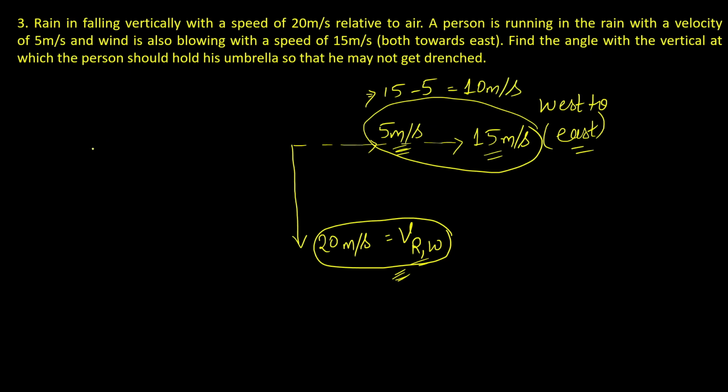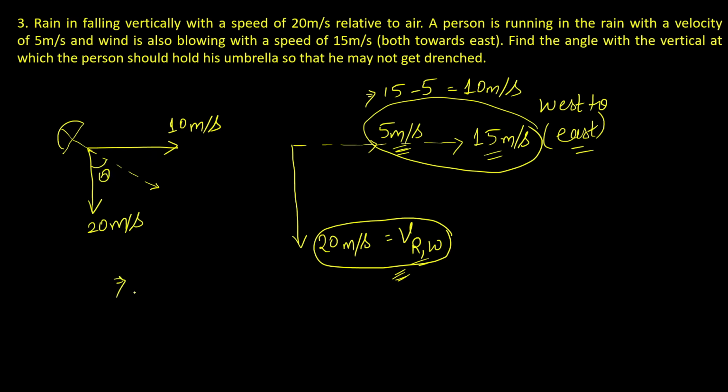Now with respect to this new velocity, 10 meters per second, and this already given velocity of rain with respect to wind, that is 20 meters per second, the resultant velocity will be somewhere in this direction, and that person needs to hold his umbrella in this direction like this in order to not get drenched. And we need to find that angle with the vertical, that is this angle theta.